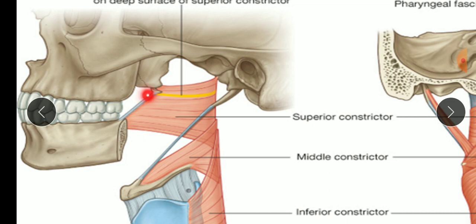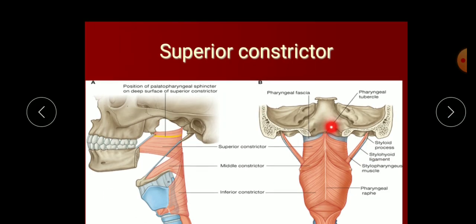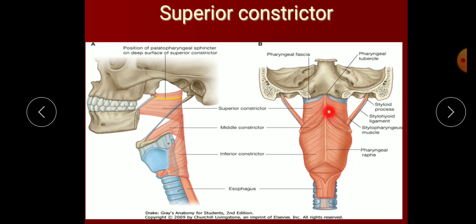Are you familiar with the pterygomandibular raphe anywhere else? Where? When we were discussing the buccinator, the origin, you remember that? So, from such a wide origin, you find the superior constrictor muscle is passing sideways and laterally. And once it reaches the posterior part, look at that, that is the posterior view of the pharynx. And you see this muscle, all the constrictors will be finally getting attached to the median fibrous raphe.